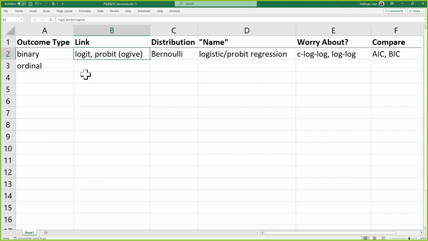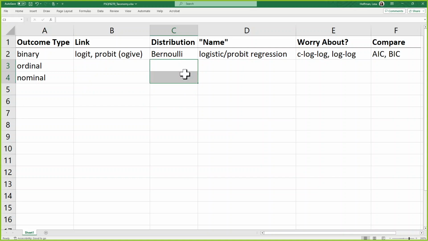I'll give you a hint. Has this part as an ingredient. It's logit, but it has one more word in front of it, or probit. Here's what I'm contrasting against. The next one is going to be nominal.